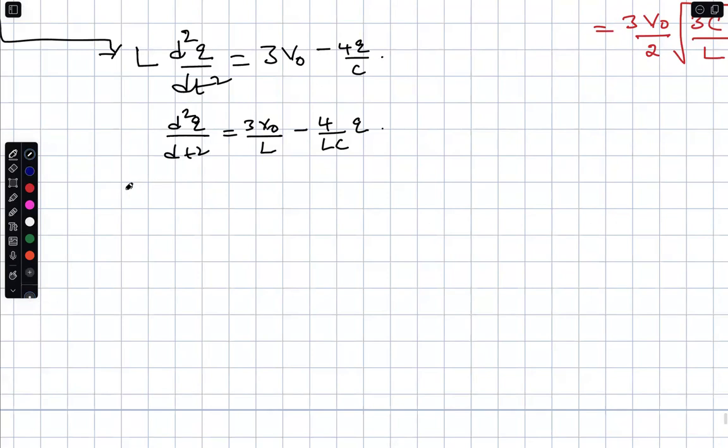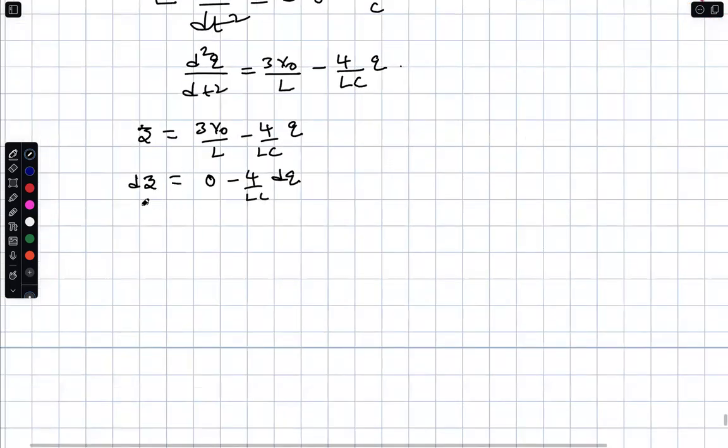For this purpose, I will define a term called Z. Z is 3v naught by L minus 4 by 3LC times Q. So dz is 0 minus 4 by 3LC dq.